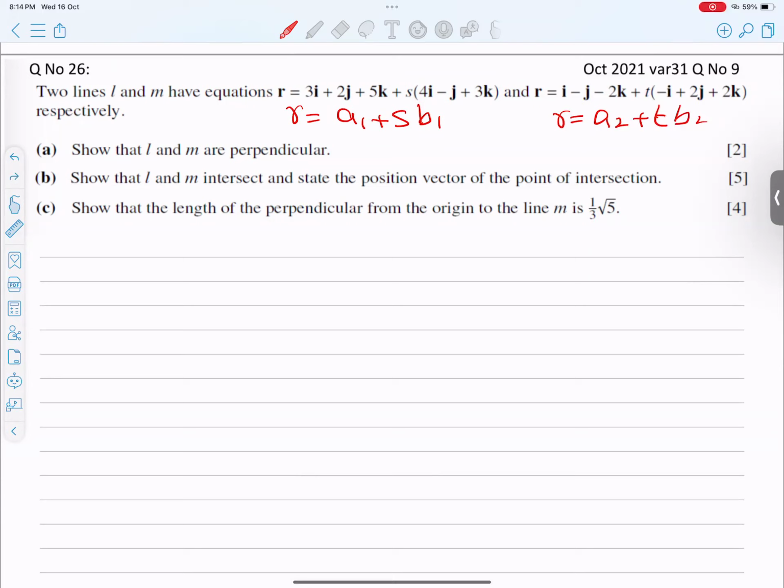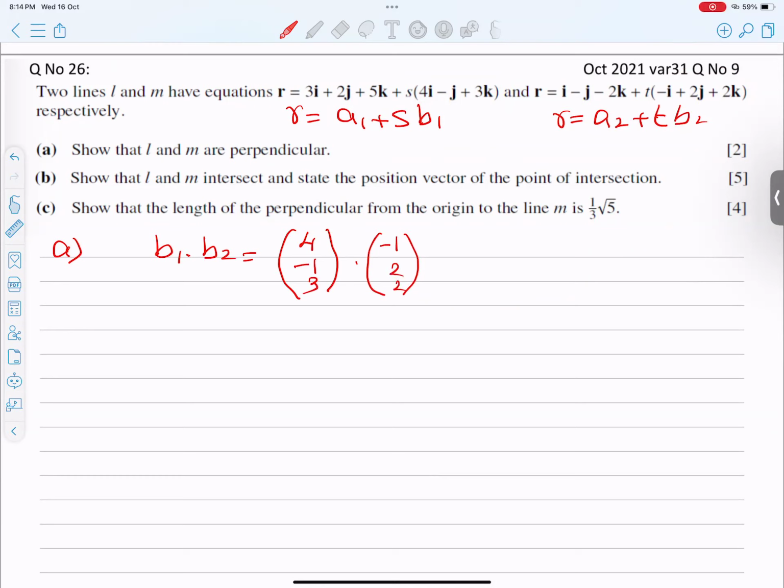According to plan, if I have to prove they're perpendicular, I will take both directions and their dot product must be equal to 0. So let's try to do it. B1 dot B2, I'm going to find it. B1 is coming from here, -1 and 3. And this direction is coming here, -1, 2, 2.